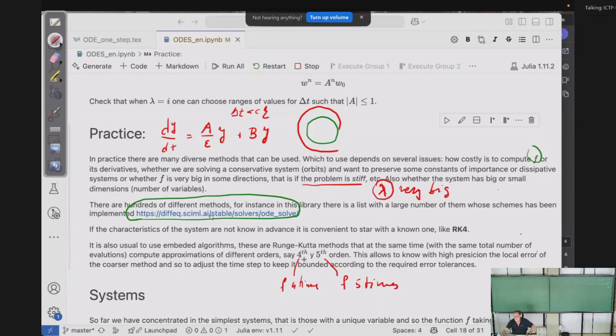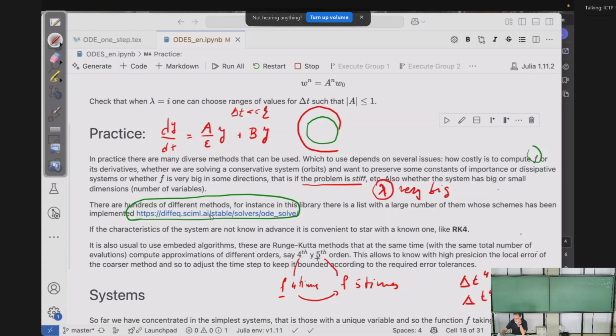So you might have a method where these evaluations are shared. To compute the 5th order, you only need one more evaluation. And it is good to have these two methods: one goes like delta t to the 4th, the other delta t to the 5th. If you compare these two solutions, you have an idea of the error you are making, and you can correct in a better way.